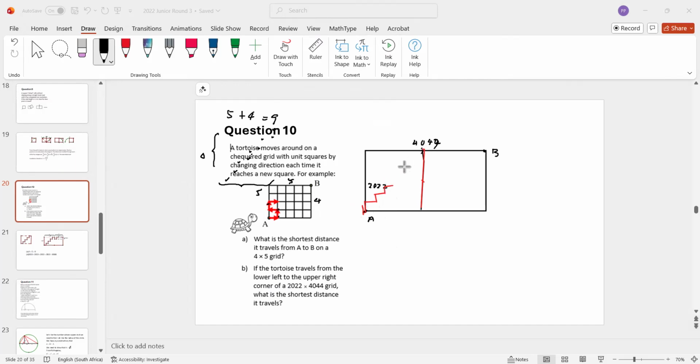And if you're doing that, you'll be covering the same number of horizontals as verticals.